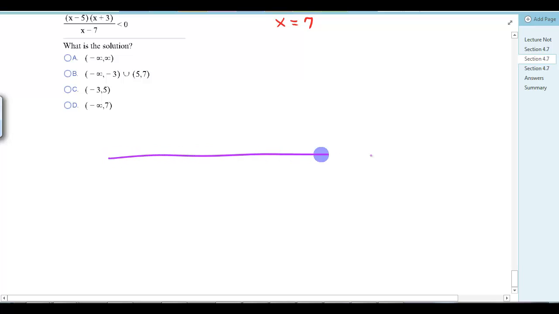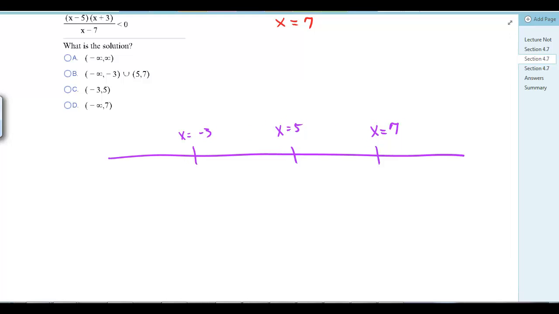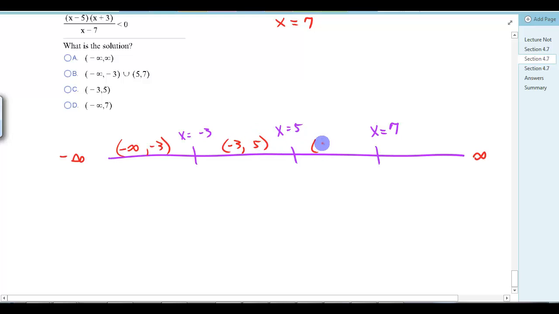We're going to go down here and we're going to plug in our three numbers that we got: x equals negative 3, x equals 5, x equals 7. We're going to define our intervals, negative infinity and infinity. So this is negative infinity to negative 3, negative 3 to 5, 5 to 7, and 7 to infinity.